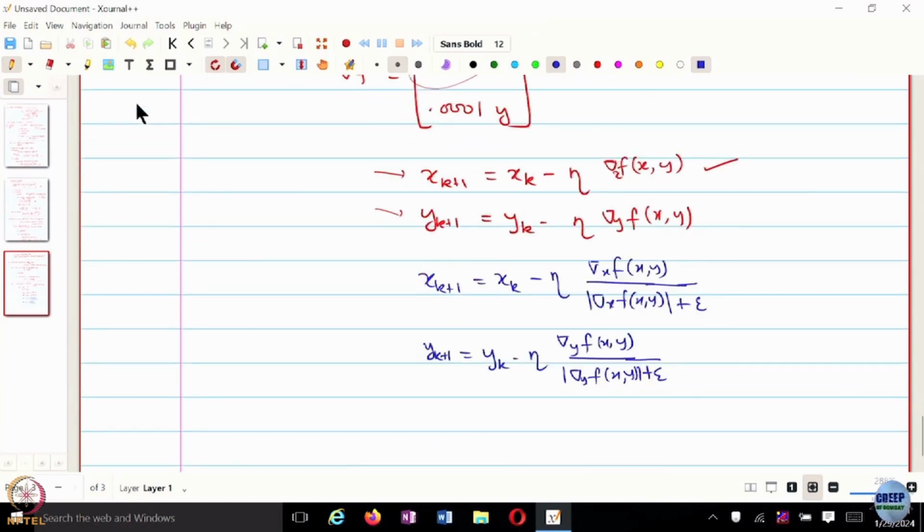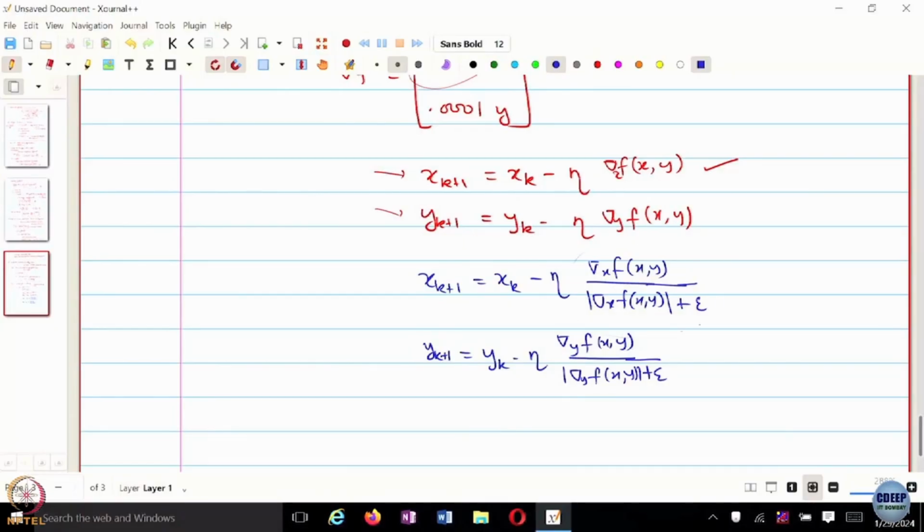Now, if I look at this particular algorithm, in this case both x and y directions are now normalized, right. So you are making a similar amount of update in both directions just by normalizing with respect to the inverse of the gradient. Okay.